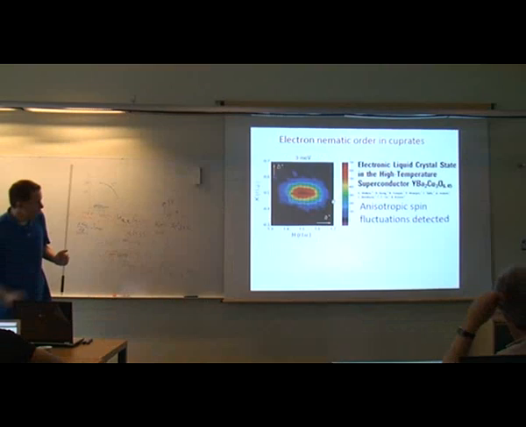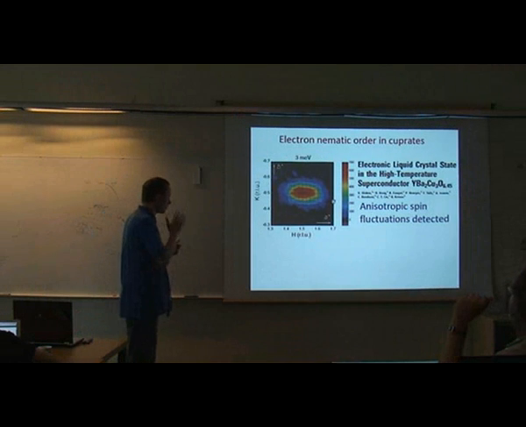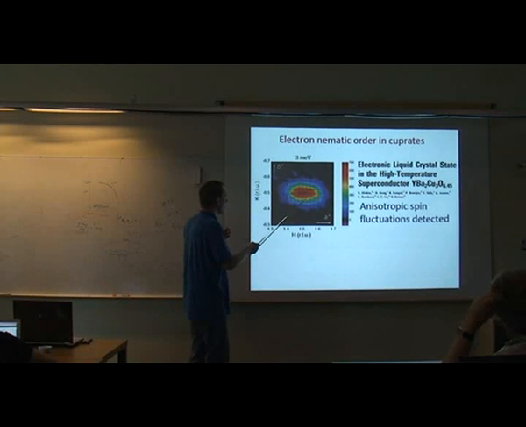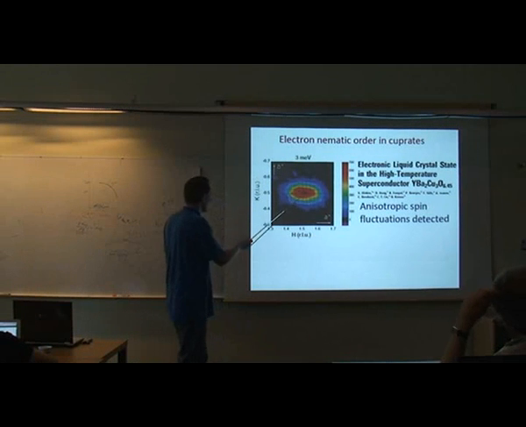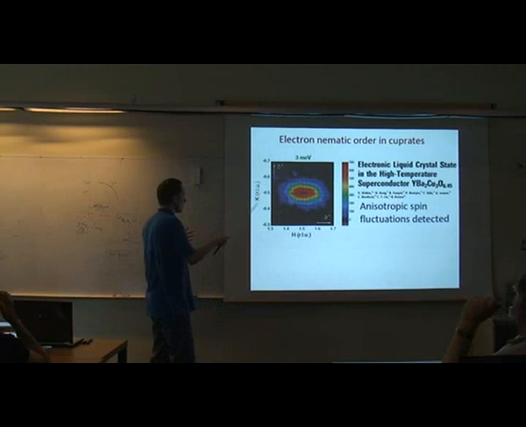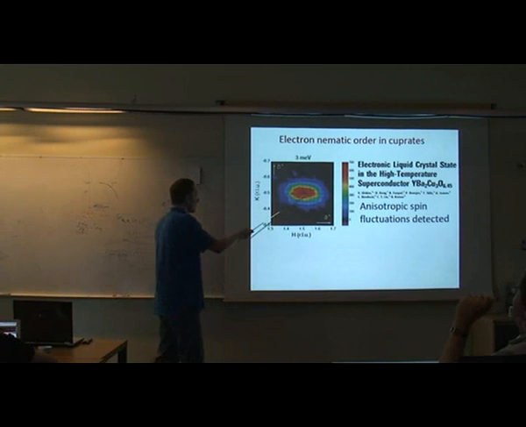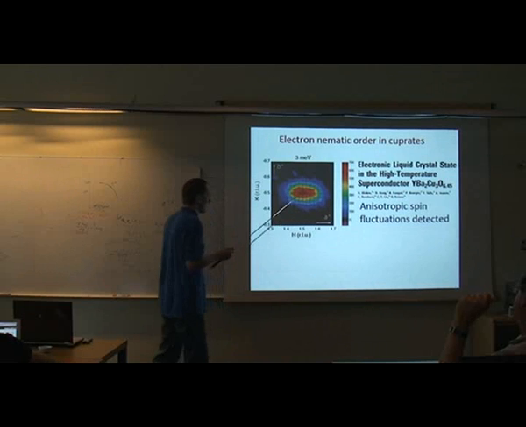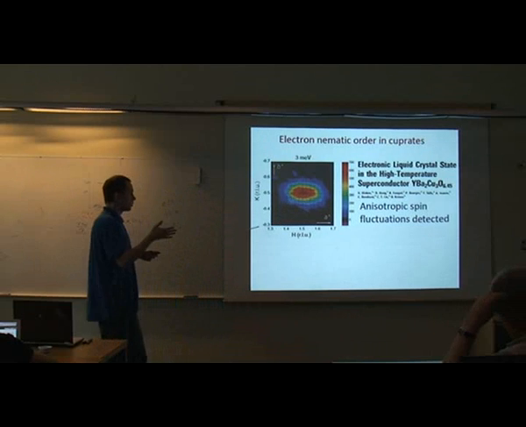And why I'm talking about this is, first, this was the first experiment that discussed this really in some believable manner. Here you see the spin fluctuation spectrum, in the kx and ky direction in a particular region, which is not some symmetry center. It's at least anisotropic, and that tells us there is a broken rotational symmetry.